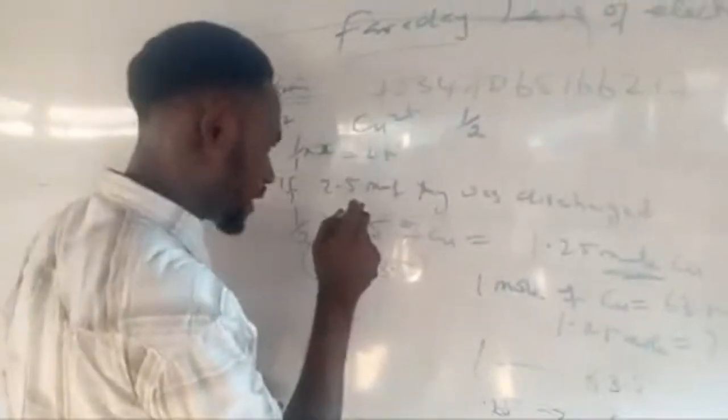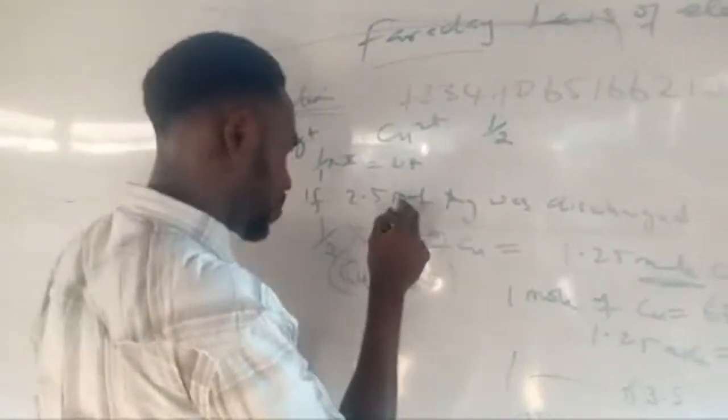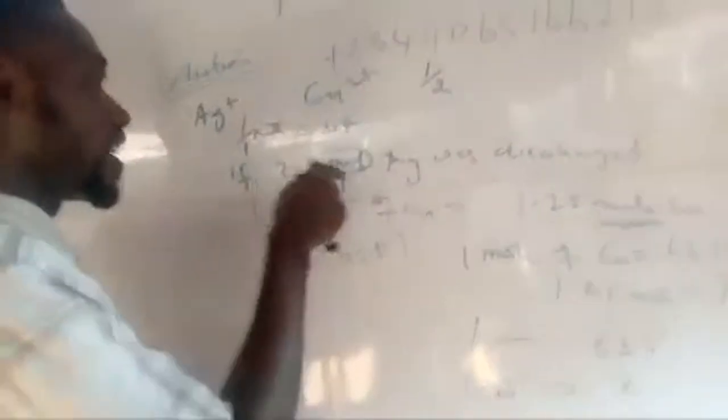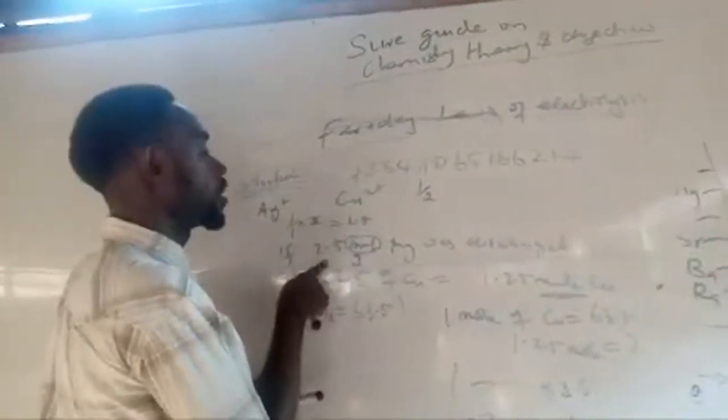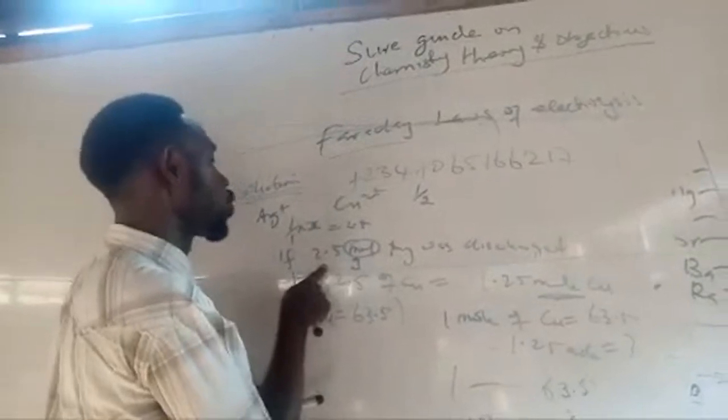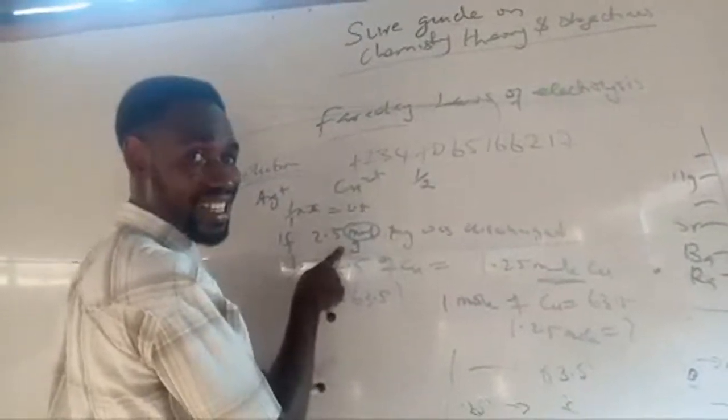Then take note: from the question I cleaned, they said 2.5 moles of silver was discharged. Where students are usually tempted is if this mole was changed to mass, 2.5 grams of silver. If they change this mole to mass, class, you dare not go back to using 1/2 of 2.5, because the law says it is inversely proportional to mole and not to mass.